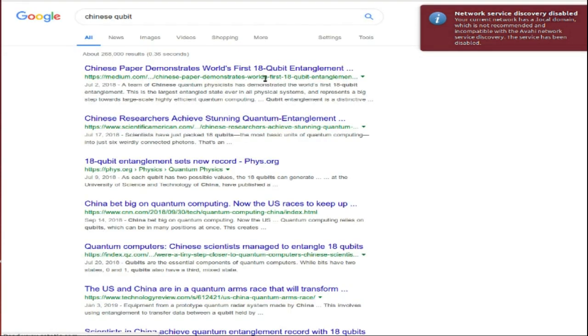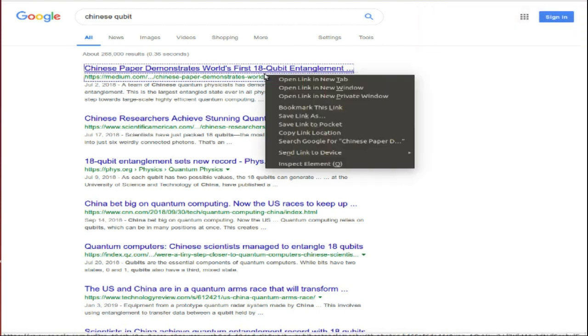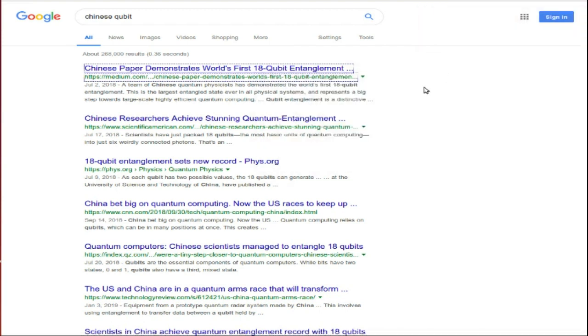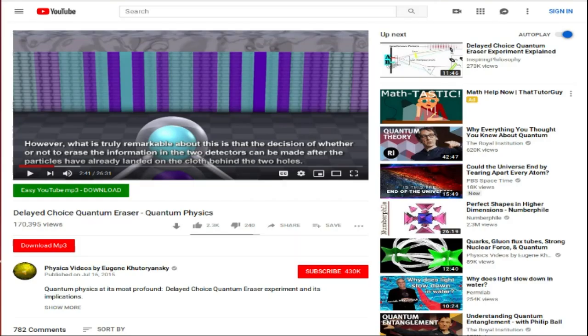And this collapse was exactly what happens in the experiment. The interesting thing is, not only did the one half collapse in space when it was observed in space, the one that was still on Earth collapsed at the exact same time. There was no delay.